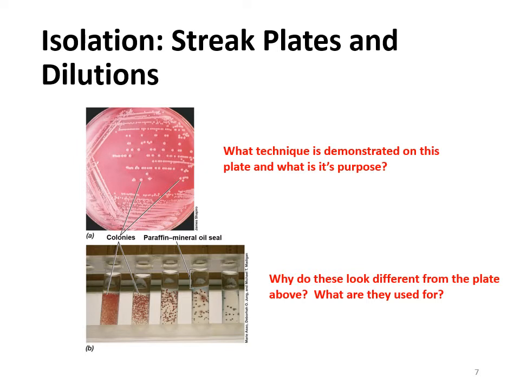diluting cultures and trapping them in with an oil seal, ask yourself, why would you want to do that? Which kind of organisms would you need to trap into the agar with an oil seal above it, meaning blocking any oxygen? Okay, so as soon as you hear that, what does that tell you? This bottom one here is to culture anaerobes.